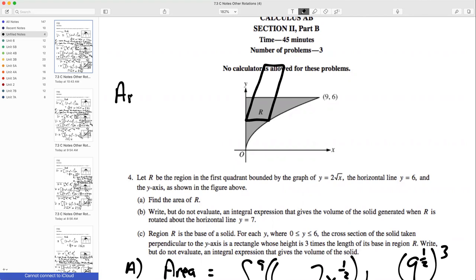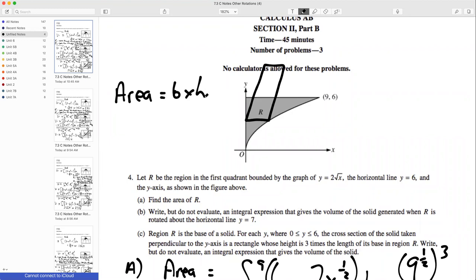You will recall the first thing you should do when working cross-section problems is write a formula for the area of the cross-section. This is a rectangle, so the area is base times height, or length times width.